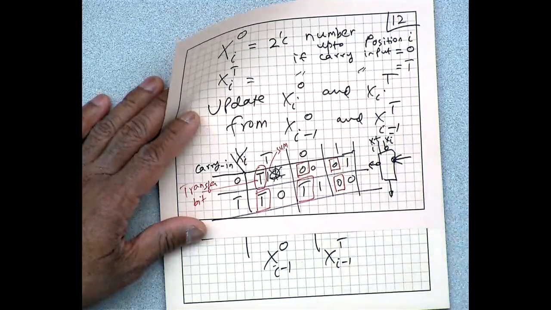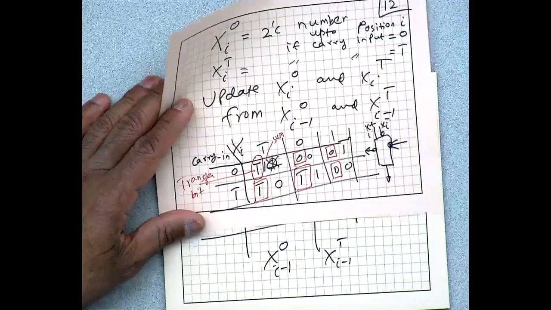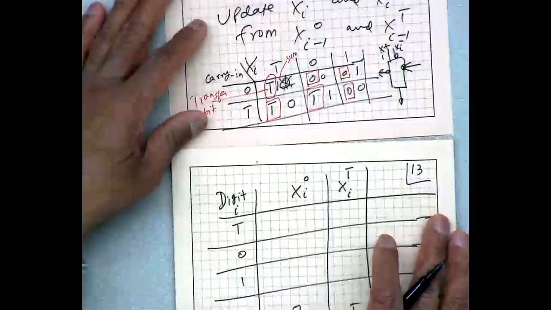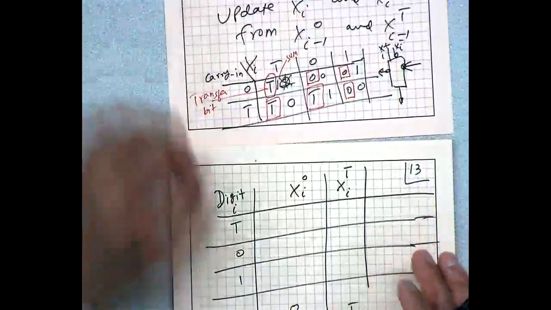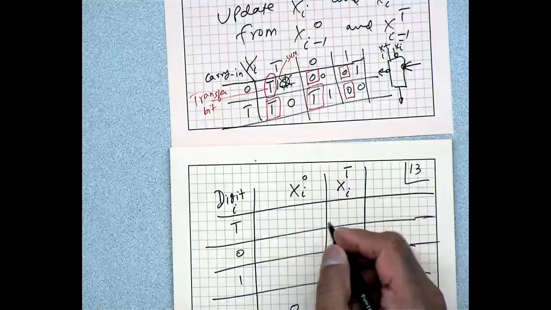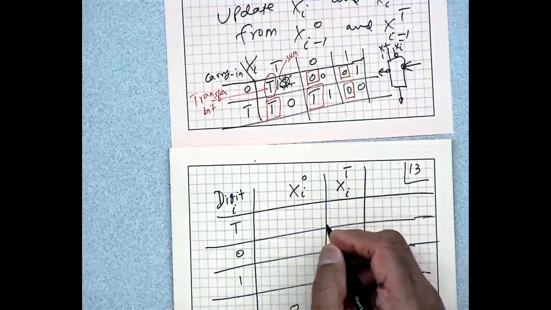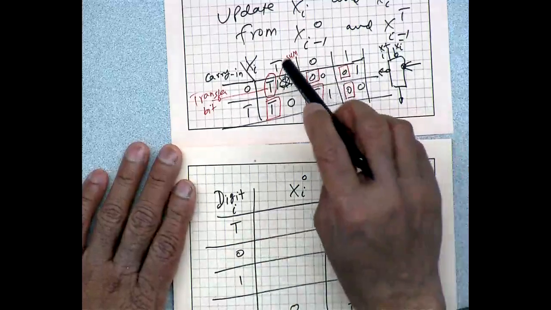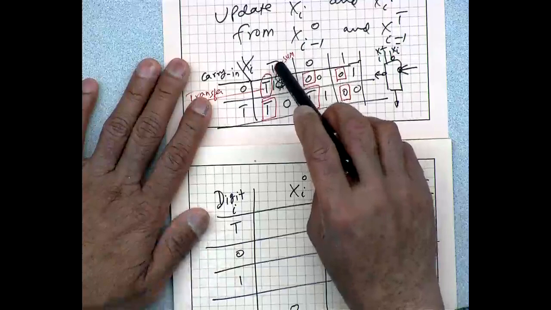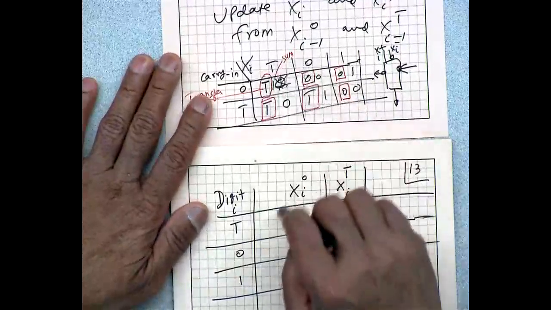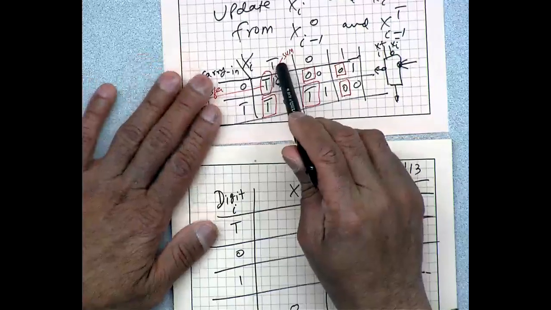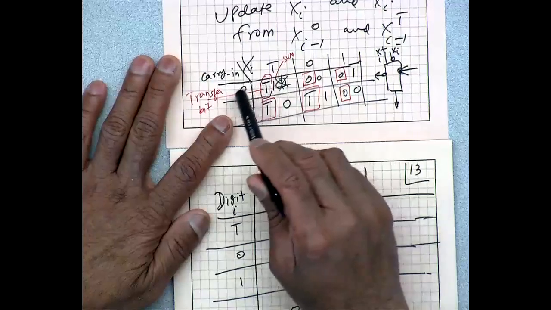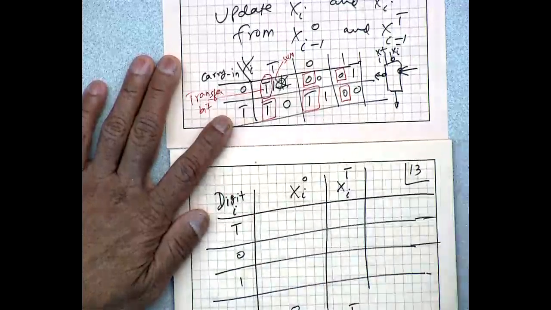Okay, so how can we compute? So from this, think about xi 0. It will be, if the digit is 1 bar, so this is our current digit, this digit 1 bar is here. So when the digit is 1 bar, the transfer bit was 0.